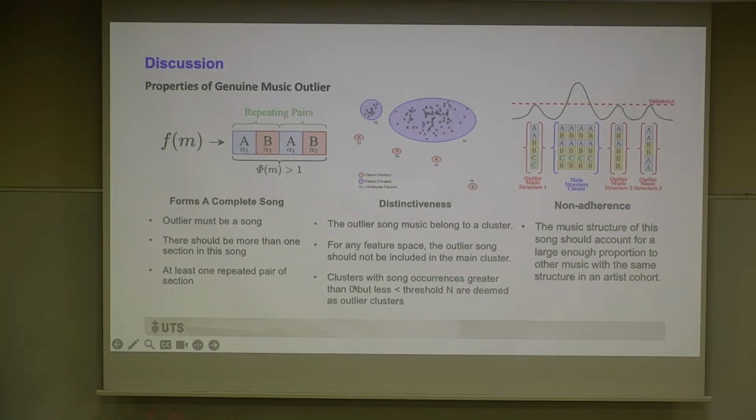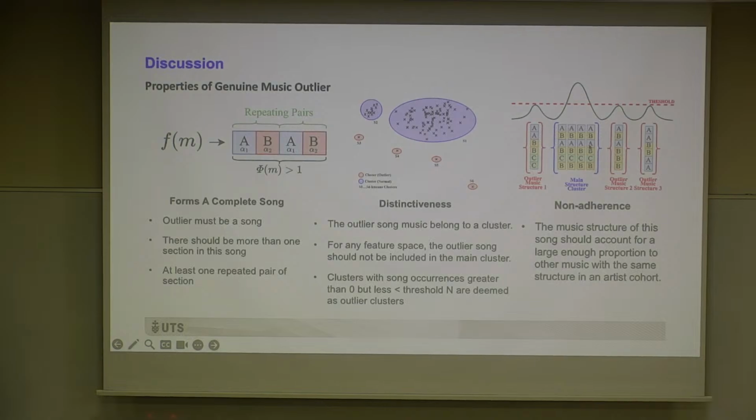Okay. And the outlier with the song occurrence greater than 0 and less than the threshold are defined as outlier classes. For example, you can see the dots in gray, they are outlier classes greater than a certain threshold. The non-adherent property means they correspond to a large enough proportion of other music in the same structure in the main artist cohort.